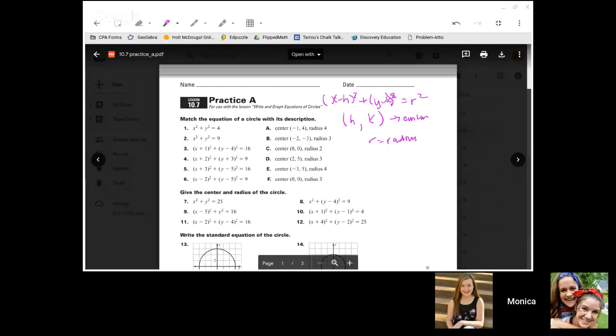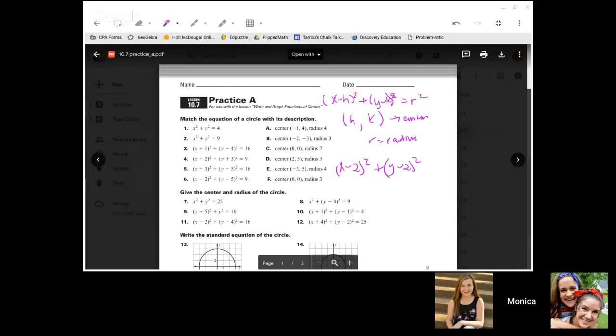Yeah. The only tricky part about this is that it's a formula, and the formula is minus h and minus k. So if your h and k, like say your center is at 2, 2, then it's going to actually be x minus 2 squared plus y minus 2 squared, okay? Because the formula is minus.